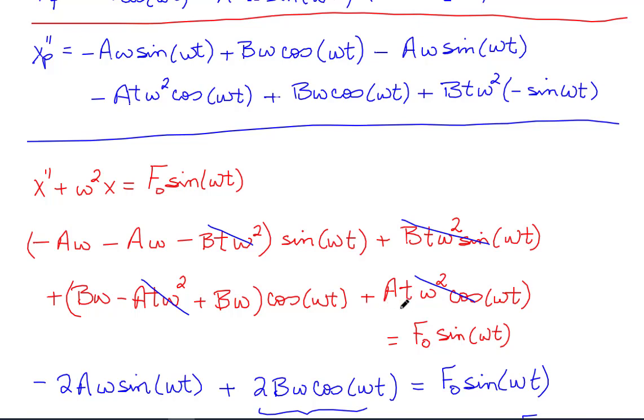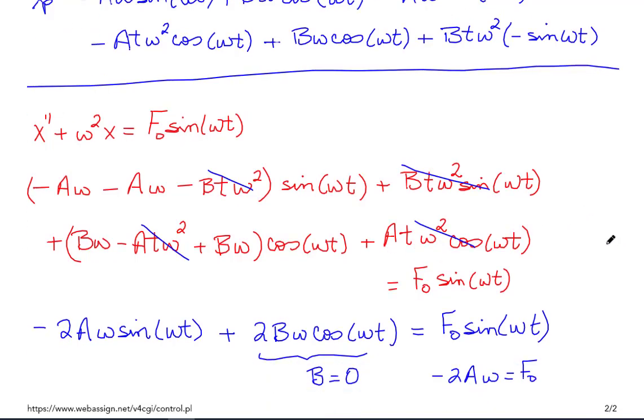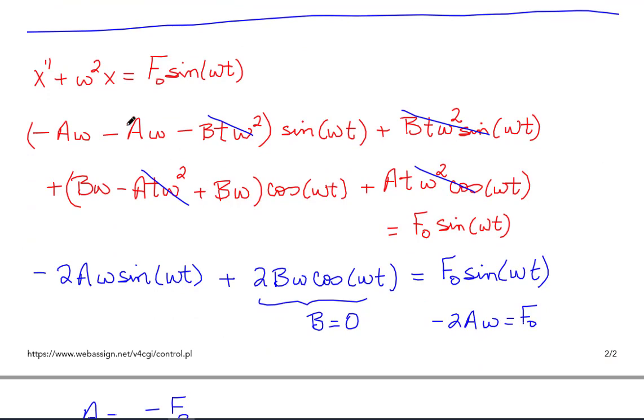And so what am I left with? I've got a minus a omega, another minus a omega, so a minus 2a omega sine omega t. And for the cosine parts, I've got 2b omega cosine omega t.